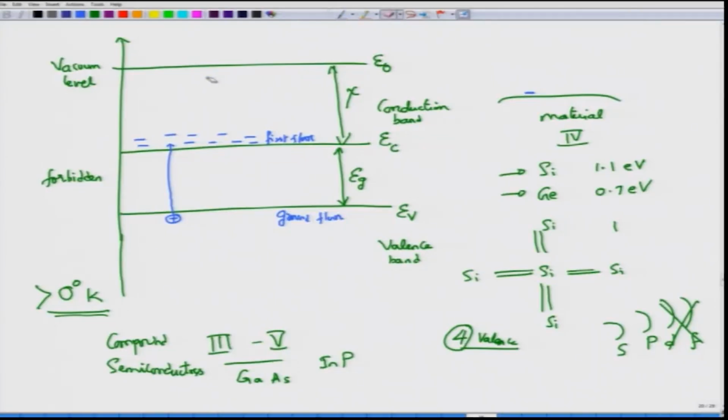It is barely sufficient for them to just cross over the energy gap, and therefore, they are all hugging the first floor, or the conduction band edge. And if you plot the concentration of these electrons, you will see that right at the band edge there is a large concentration which then decays exponentially as you go upwards in the energy state.